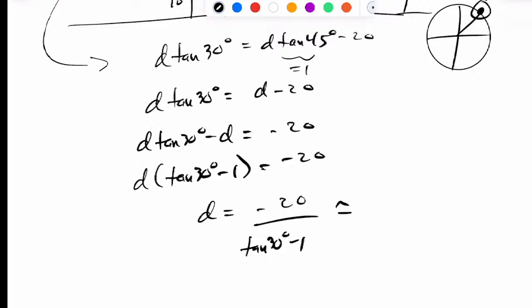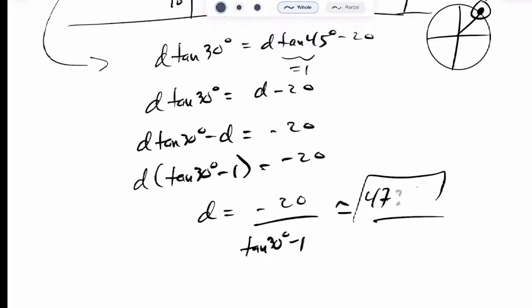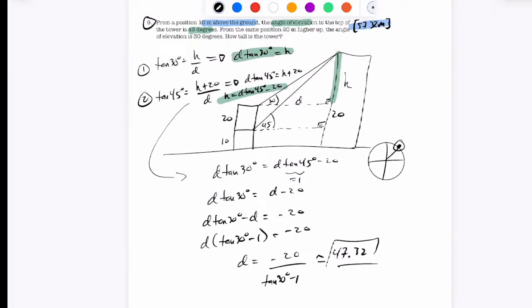All right, someone let me know if they got the same thing. I'm getting 47.32. 47.32. 0.32 approximately. That's not the answer.